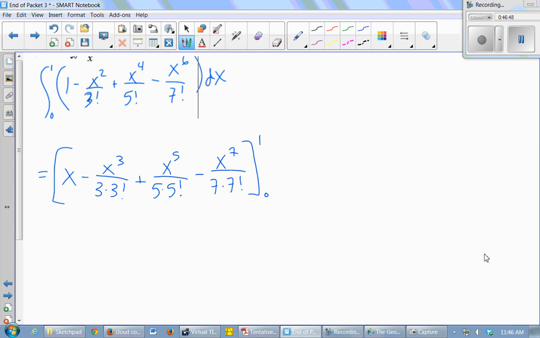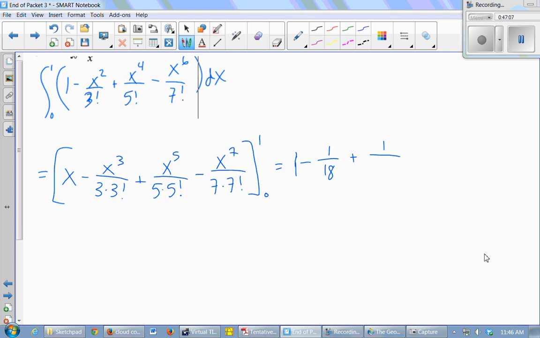So I can just plug in a 1, because when I plug in 0, everything goes away because every term has an x. So this is just going to be 1 minus 1 over, all of these numerators are just 1s too. 3 factorial is 6 times 3 is 18.